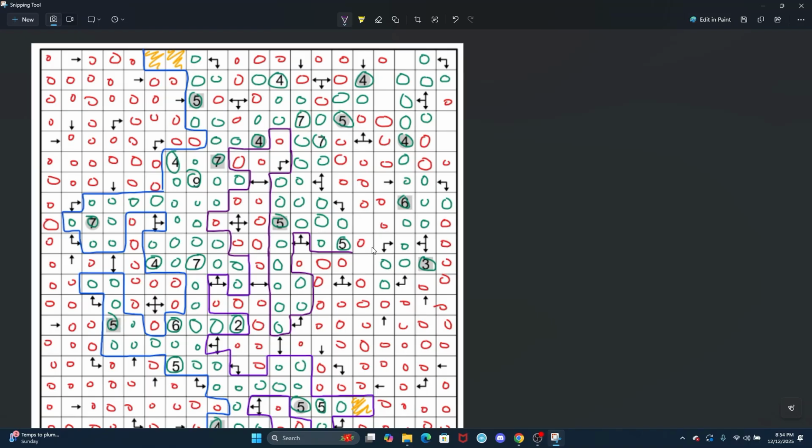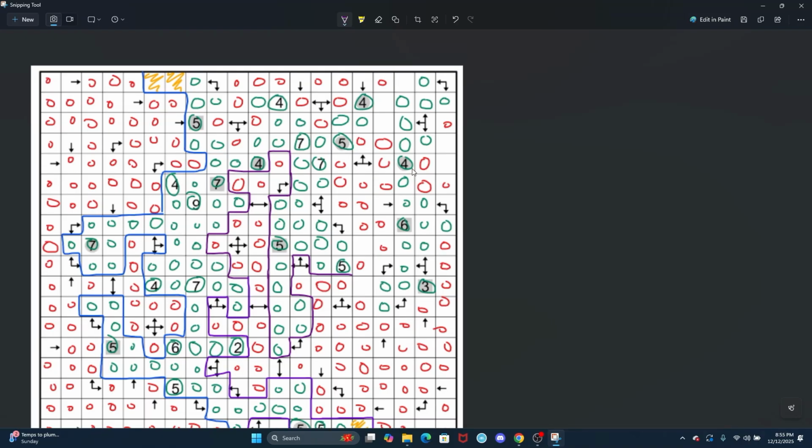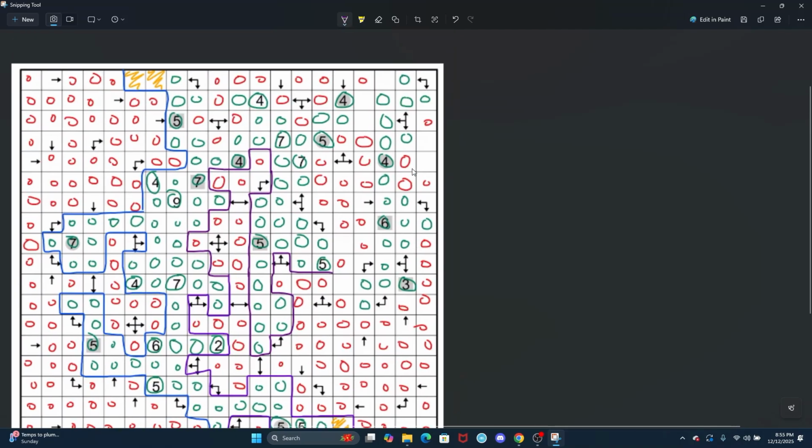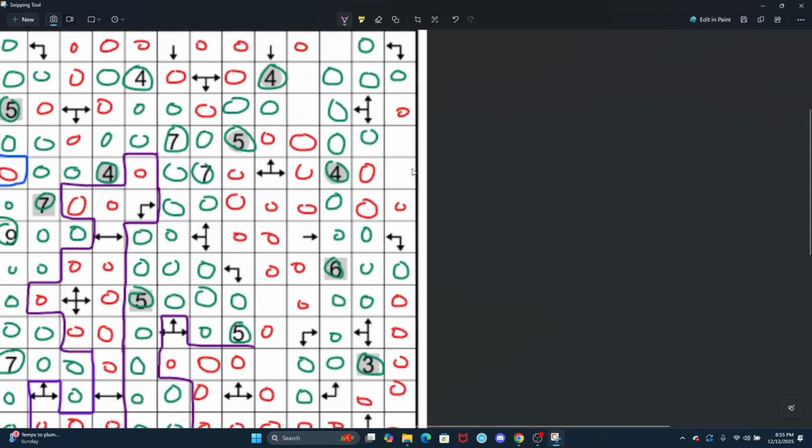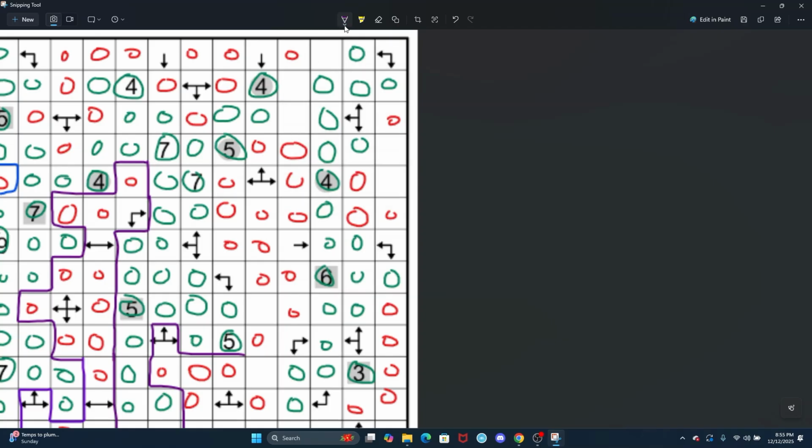I don't know if we can determine which one of these should be inside. Because I think both of them should work. I think for these two are definitely a maybe.